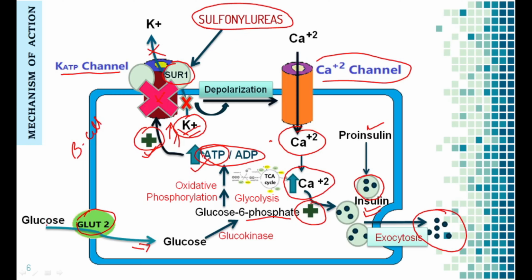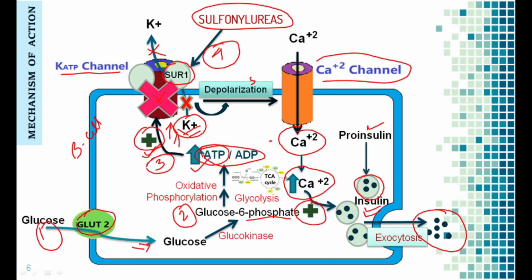So what we are seeing here: first step, glucose enters the pancreatic beta cell through GLUT2, then through different processes glucose converts into glucose 6 phosphate, and goes through glycolysis, the TCA cycle, oxidative phosphorylation and ATP generation. This triggers the opening of the potassium channel, so potassium goes outside, but sulfonylurea binds to the sulfonylurea receptor and blocks the potassium channel.